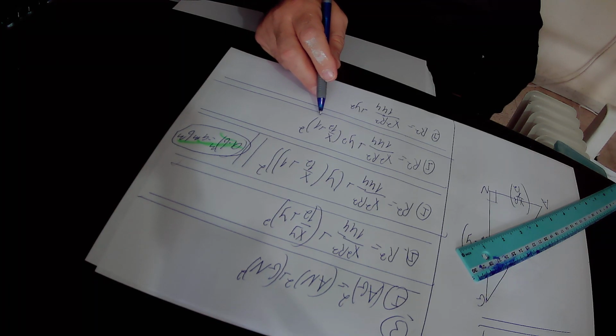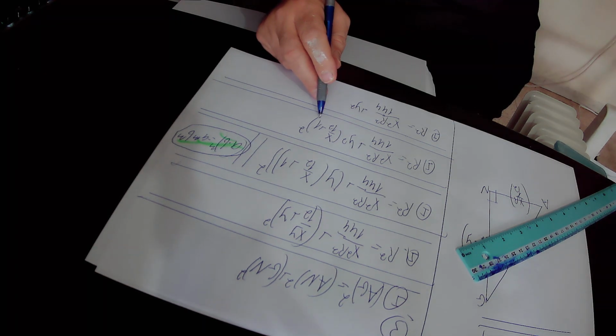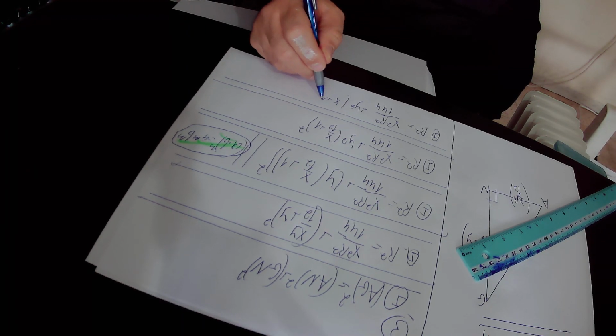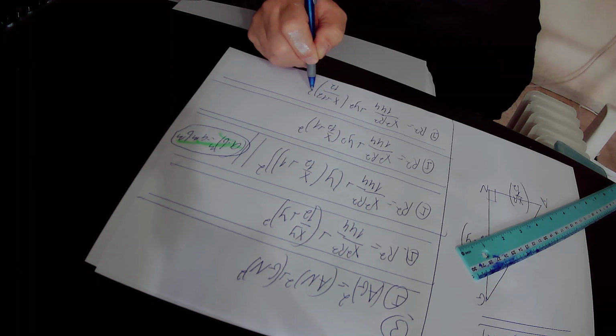Here we multiply 1 by 12 and divide by 12 in order to overcome the fraction with x over 12. So 1 times 12 is 12, and in total the numerator is x plus 12, divided by 12, all squared.